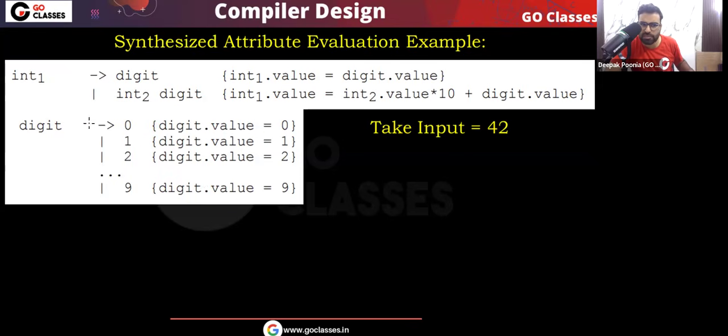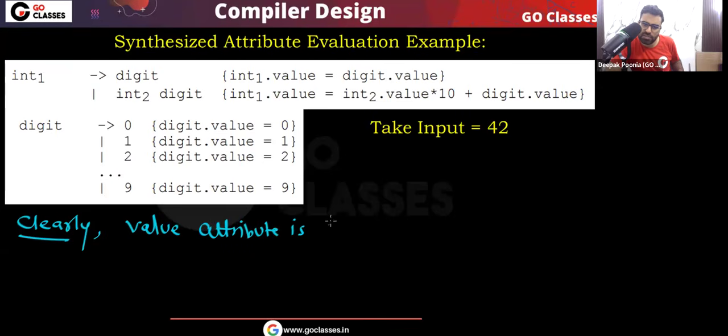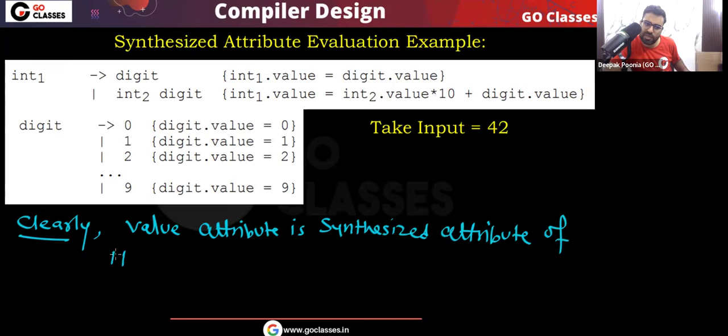So clearly this value attribute is a synthesized attribute of the non-terminal digit. Is this clear? Very simple.